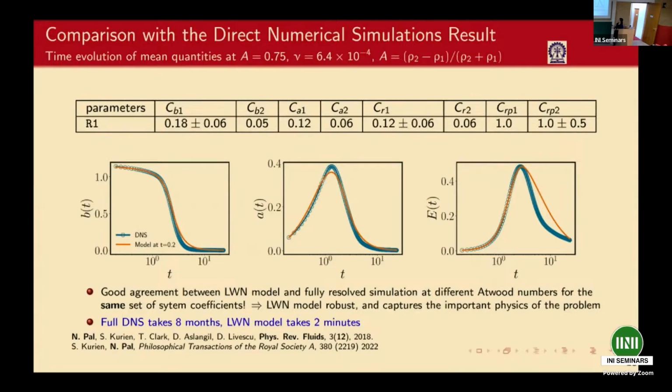We did it for different Atwood numbers, by the way. Here it's a very high Atwood number, but we also ran this for different Atwood number ranges, and the same set of coefficients agreed with all of them. So the model was general in the sense that the coefficients did not vary as the Atwood number changed.